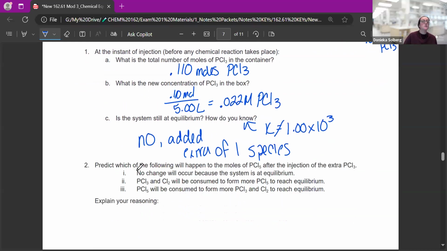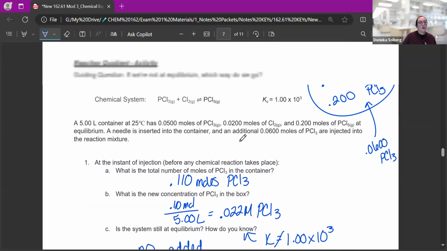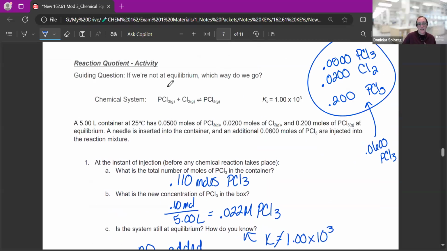So if I want to predict which of the following will happen to the moles of PCl5 after I injected the extra PCl3, what happens if I inject extra? I injected PCl3, which is a reactant. So to get back to equilibrium, what's going to happen? Well, some of this is going to have to turn into some of this so that my K value can re-equilibrate.